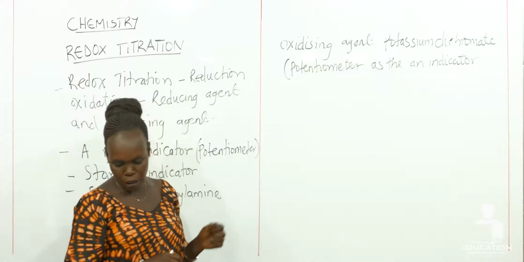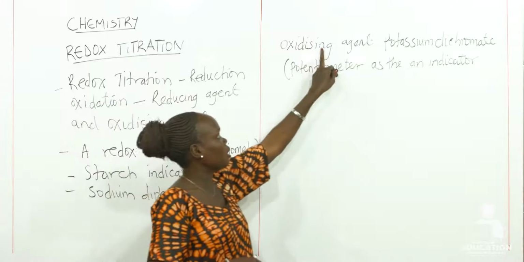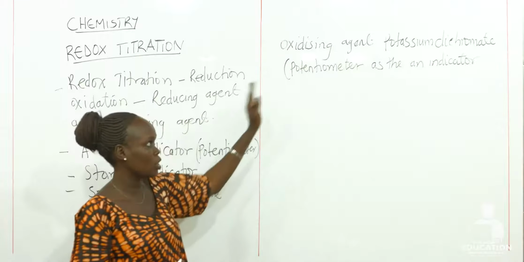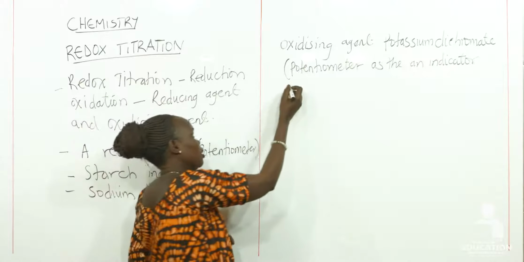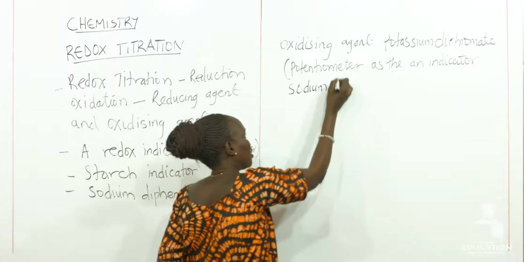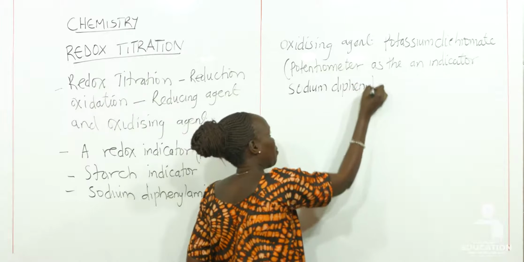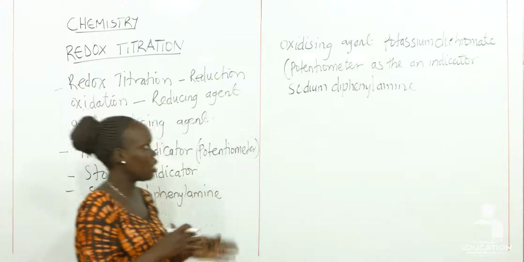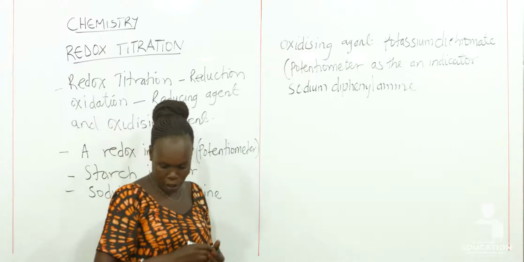Therefore, we use an indicator such as sodium diphenyl amine. It is the same with potassium dichromate: when we are using it as an oxidizing agent, we can use a potentiometer as the indicator, or we can use a solution of sodium diphenyl amine as one of the indicators.